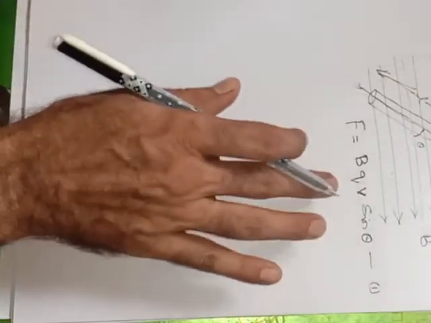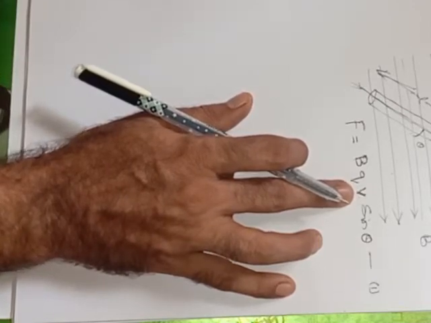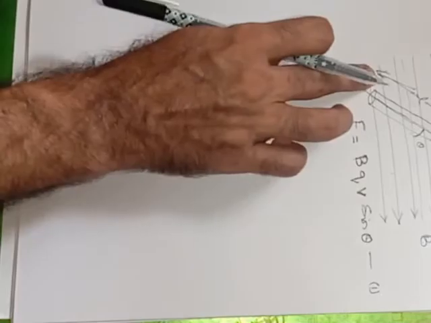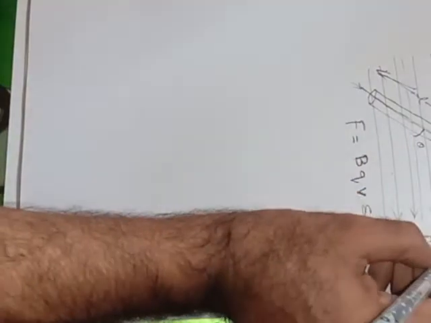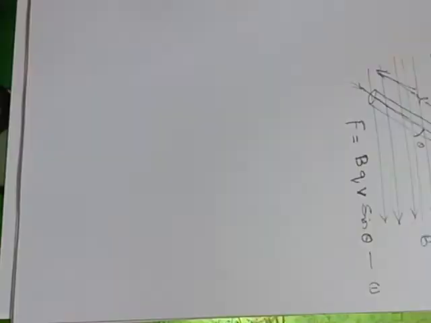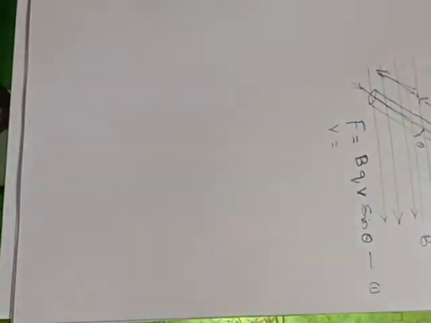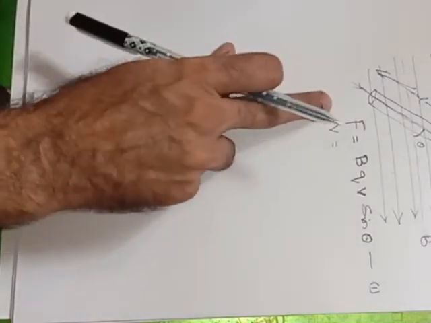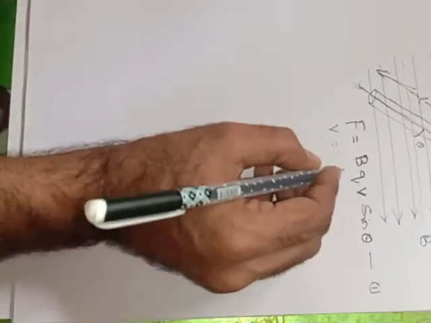Now, if I have to calculate the velocity, what do I have to do? We know the length of the wire, and further with the help of time t, say the current is moving for 5 minutes or 6 minutes. So when the length of the wire and time are given to us, how can we calculate the velocity?